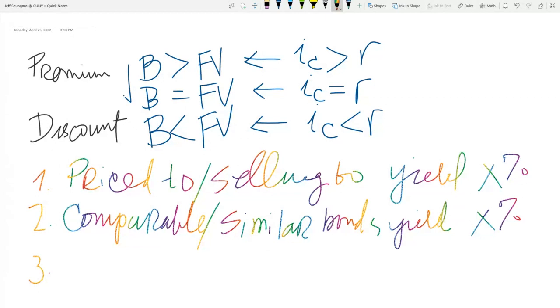You cannot compare triple B bonds with triple A bonds, right? So when they say comparable bonds are paying X%, that means bonds of that class, triple B class, on average are paying X%.